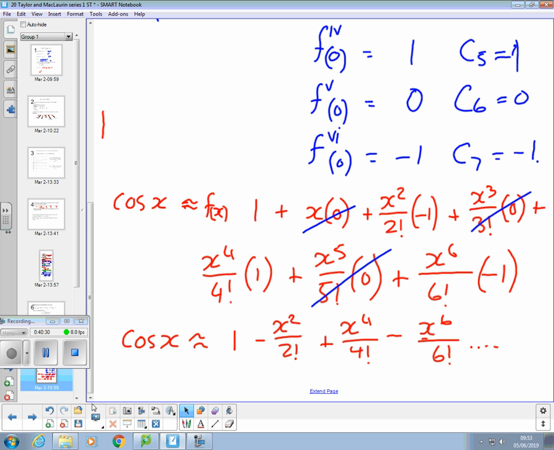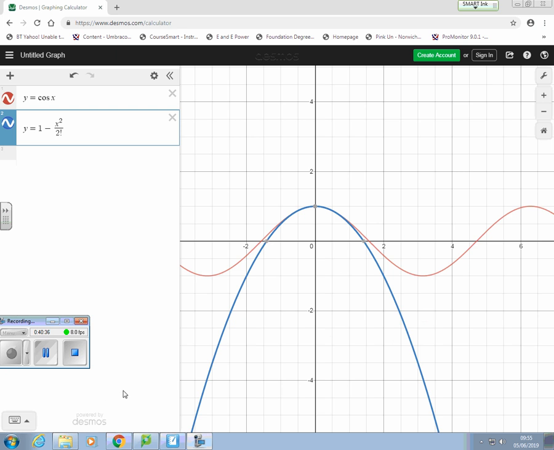Now, while you just finish off getting that down, if we look at that now, after putting in the constant at the beginning, the 1, and the squared term, that's how close a fit we get to the cosine function.